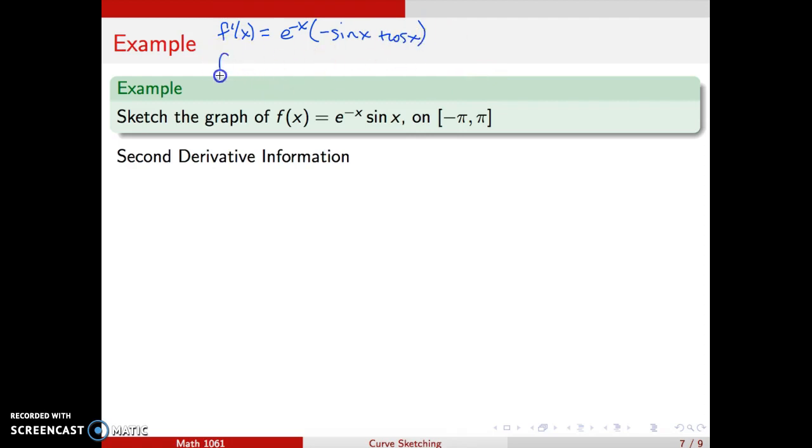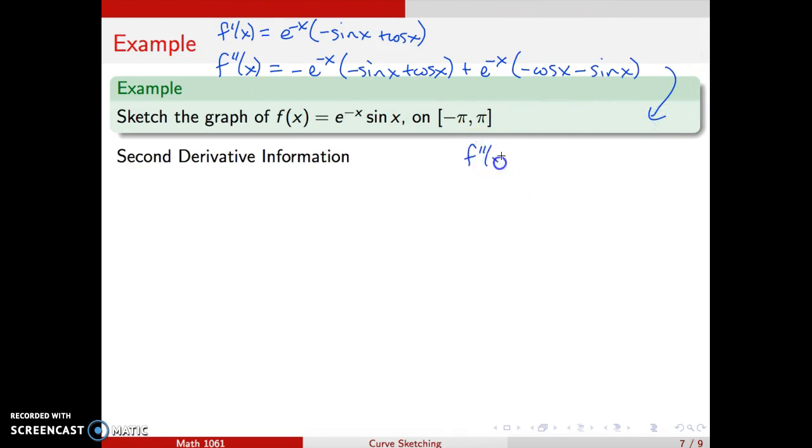So the second derivative is going to be negative e to the negative x times negative sine x plus cosine x, plus e to the negative x times negative cosine x minus sine x. And so the second derivative is e to the negative x.